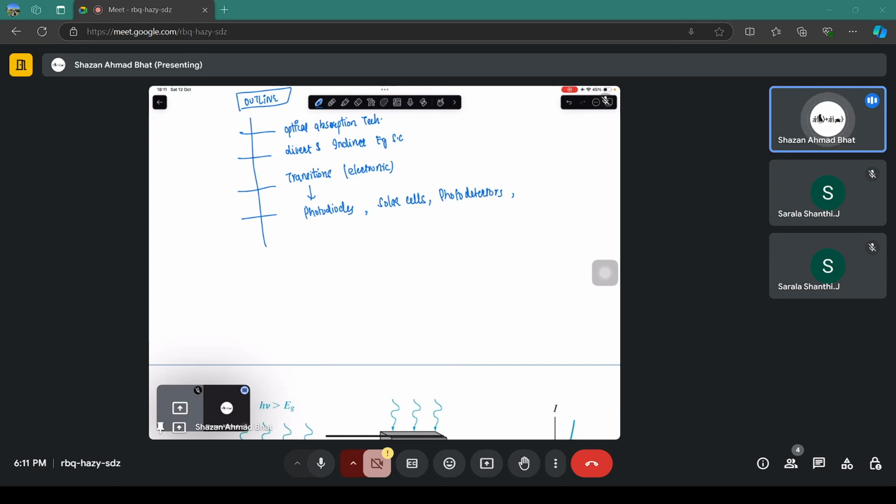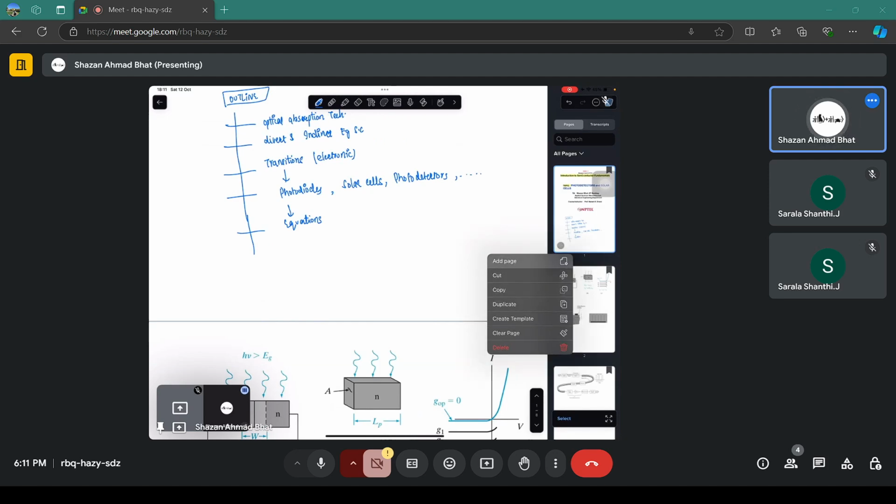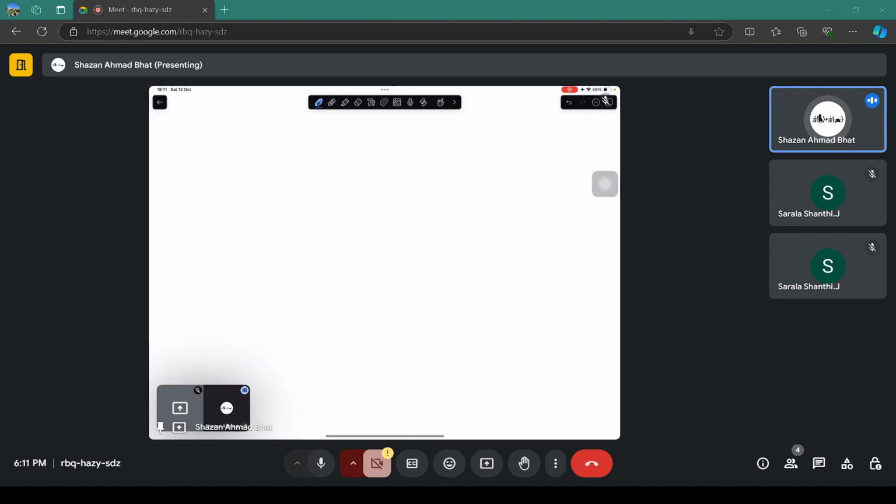We have maybe some other kind of devices we will study, maybe avalanche diode and other, I should say, complex devices if the time permits. And then we are going to move into the equation part of it, how the generation recombination takes place in it, and what are the governing equations behind it.